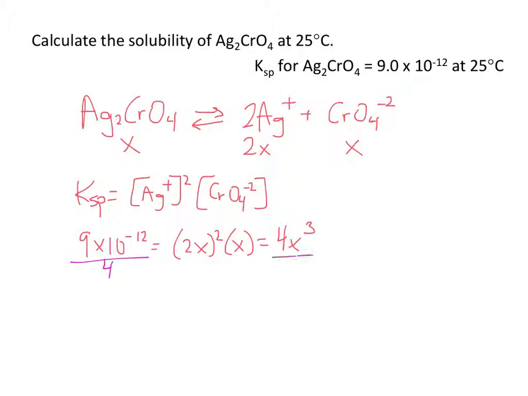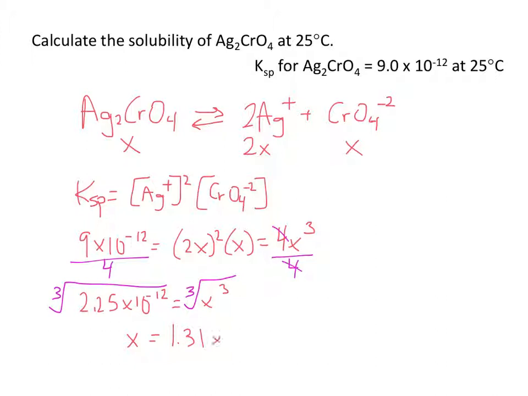Divide both sides by 4 so that the 4's cancel, and I have 2.25 times 10 to the negative 12 equals x cubed. Take the cube root of both sides so that the x cubed cancels, and I end up getting x equal to 1.31 times 10 to the negative 4 moles per liter.